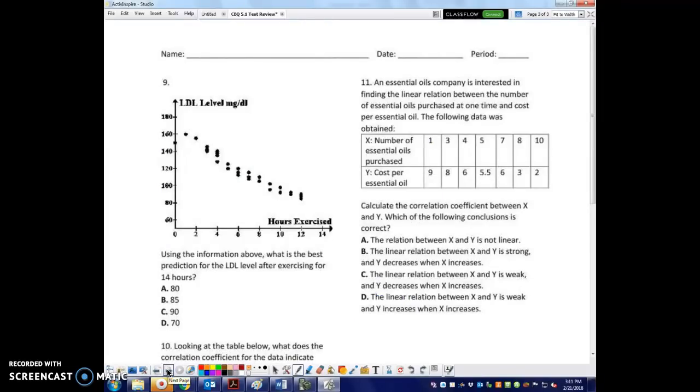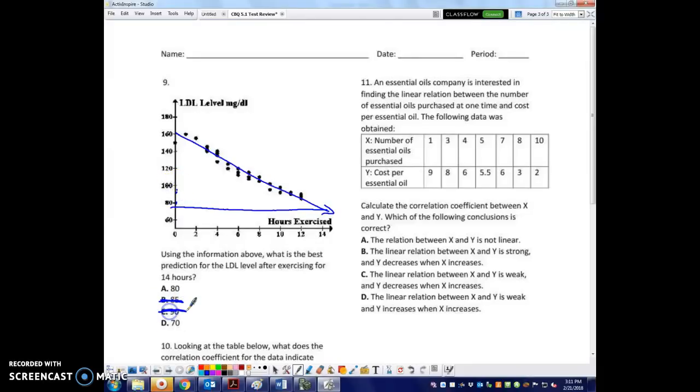All right, number 9. Using the information above, what's the best prediction for the LDL level after exercising for 14 hours? So you're just going to continue this line of best fit. If it's going like here at 14, where's that going to be? Is it going to be at 80? Possibly. 85? No. 90?